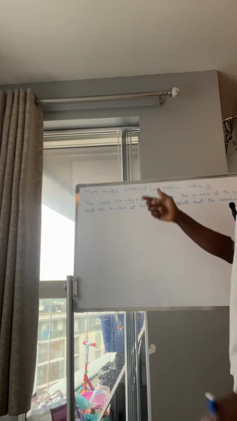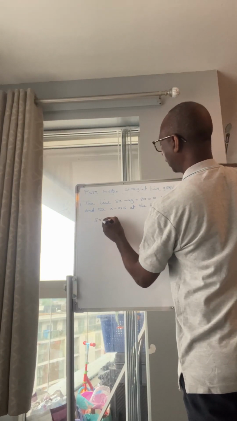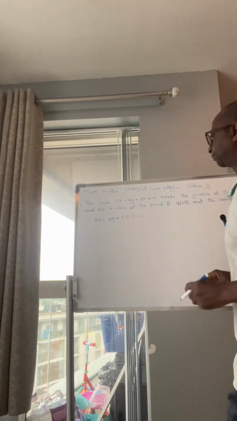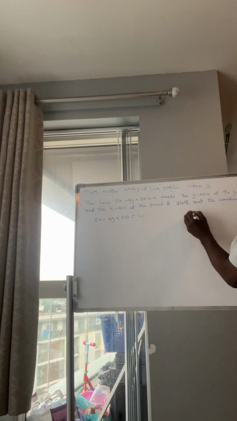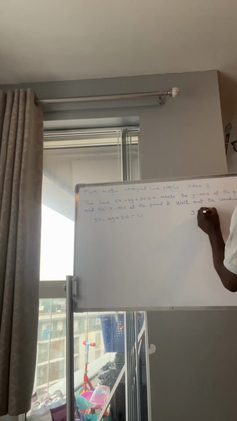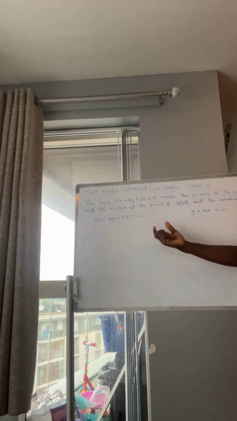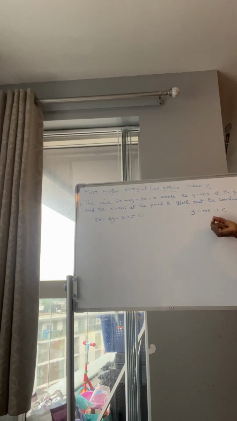So this equation here, we have 5x minus 4y plus 20 equals 0. Let's try to make y the subject of the formula, so that we'll bring it to the form y equals mx plus c, because when the equation of a straight line is expressed in this form, it's easy to read out certain features, like the gradient.